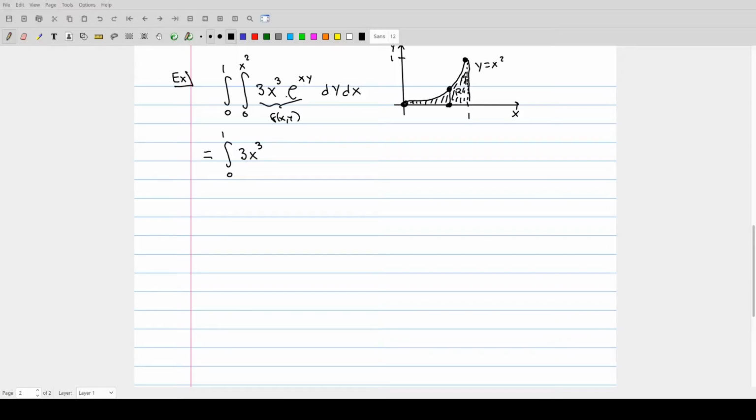And then we have the antiderivative from 0 to x squared of the function e to the xy dy.